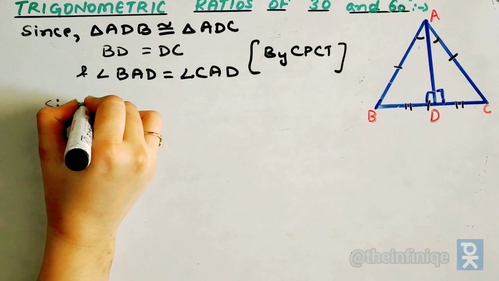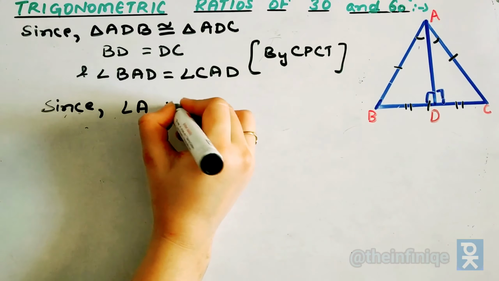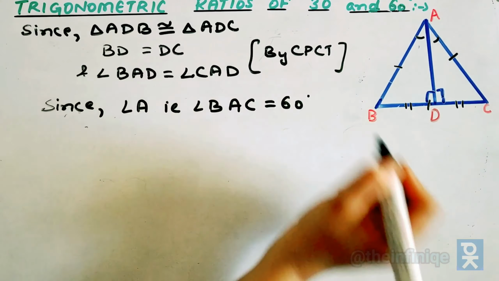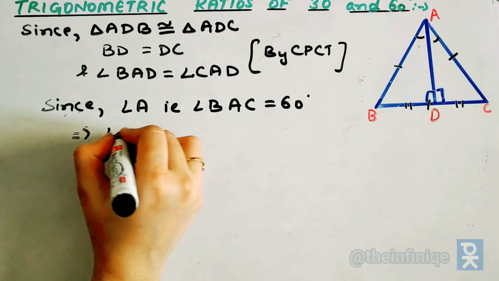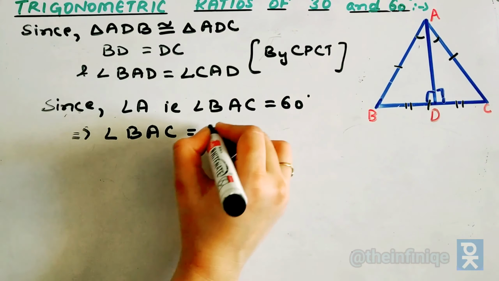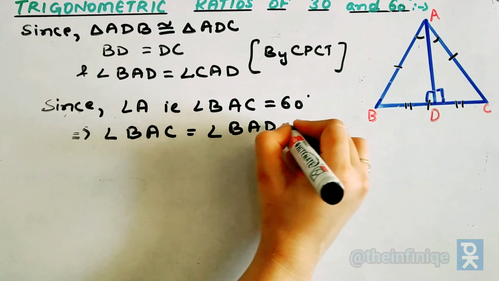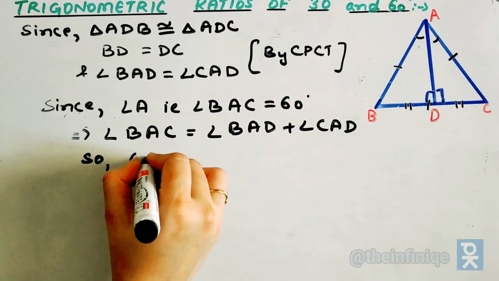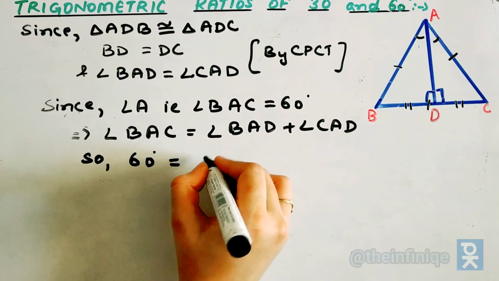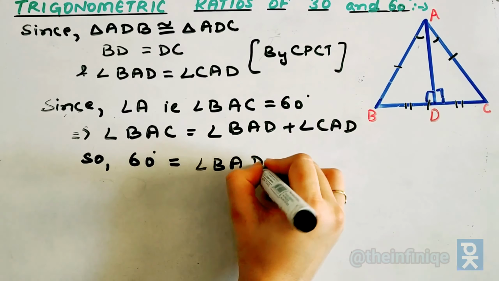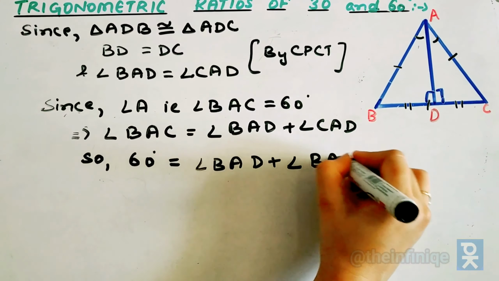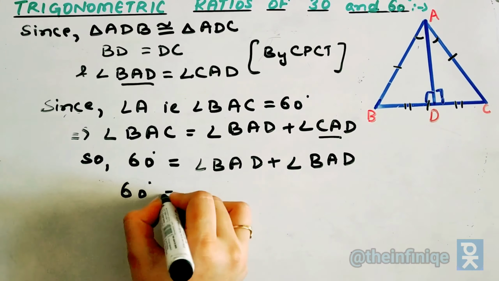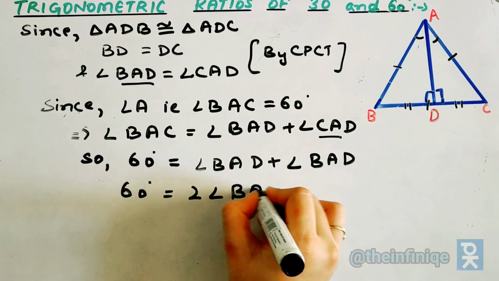Since angle A, that is angle BAC, is equal to 60 degree, it implies that angle BAC is equal to angle BAD plus angle CAD. So 60 degree is equal to angle BAD plus angle CAD. We can also write angle CAD is equal to angle BAD, so 60 degree is equal to twice angle BAD.